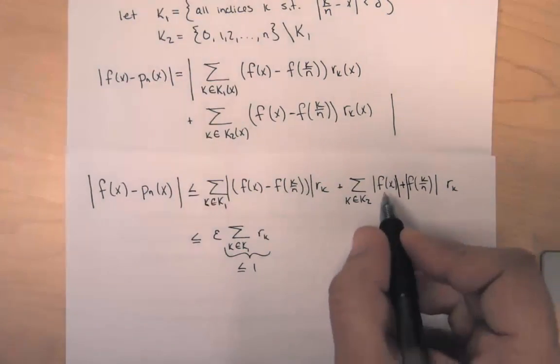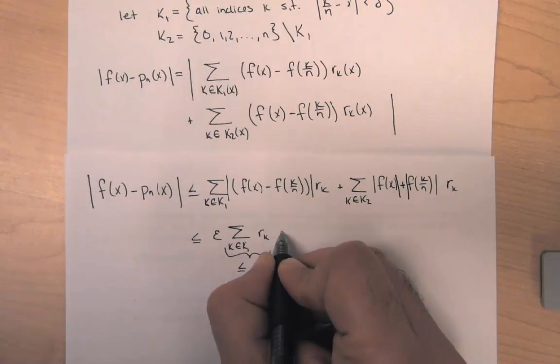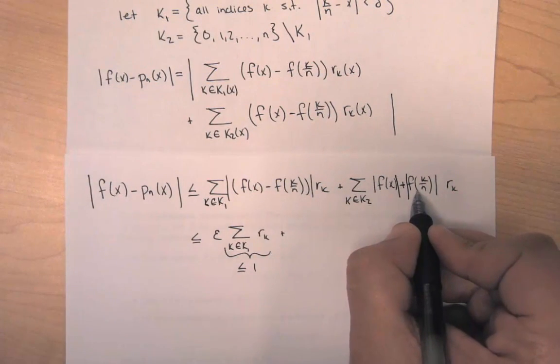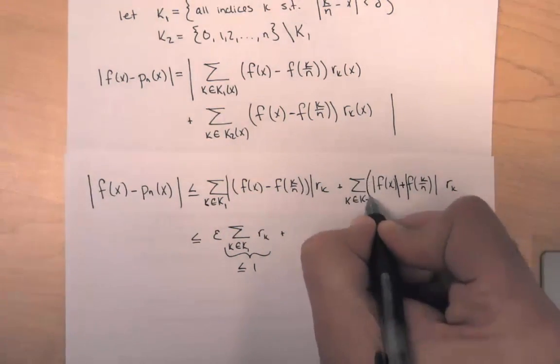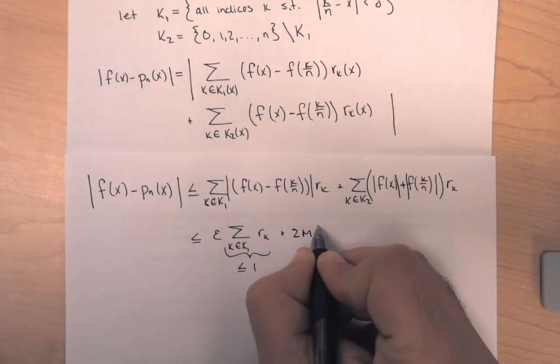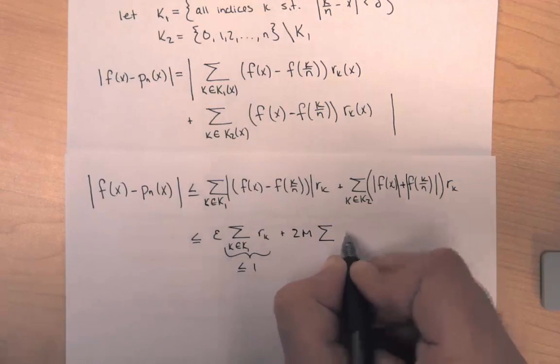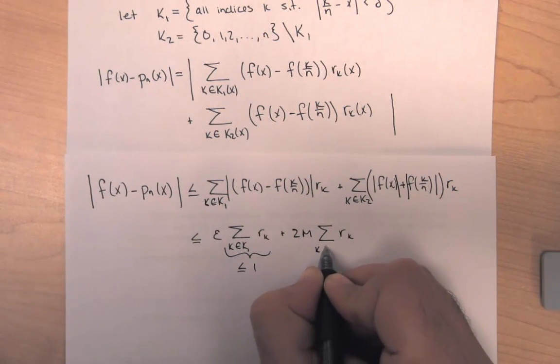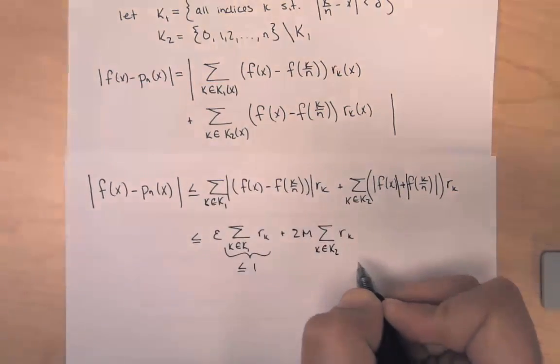And remember that f is bounded. So this is less than M, and this is less than M. So I get plus 2M times the sum of r_k, k in K2.